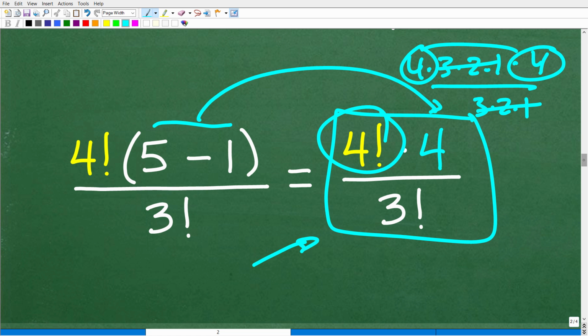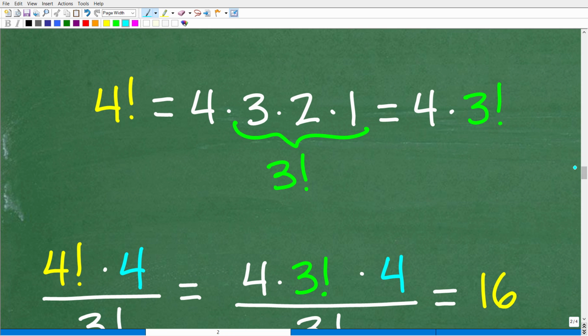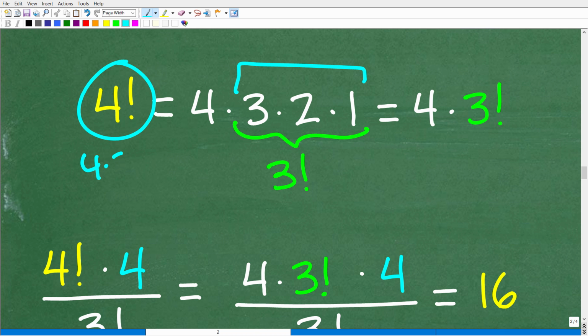Indeed, you can do that, but you can also look at these factorials in different ways. You need to get used to doing this because with larger factorials, you're not going to want to list out all the factors. So 4 factorial, you need to think to yourself, is the same thing as 4 times 3 times 2 times 1, but this is really the same thing as 4 times 3 factorial. That's always the case. In other words, if you have 19 factorial, that's equal to 19 times 18 factorial.